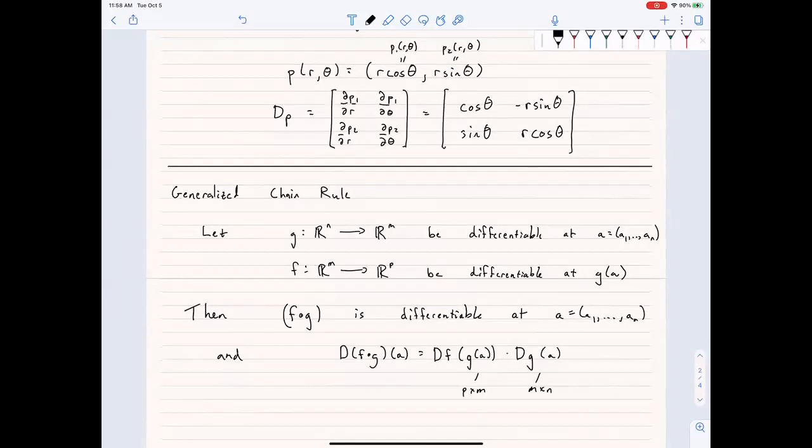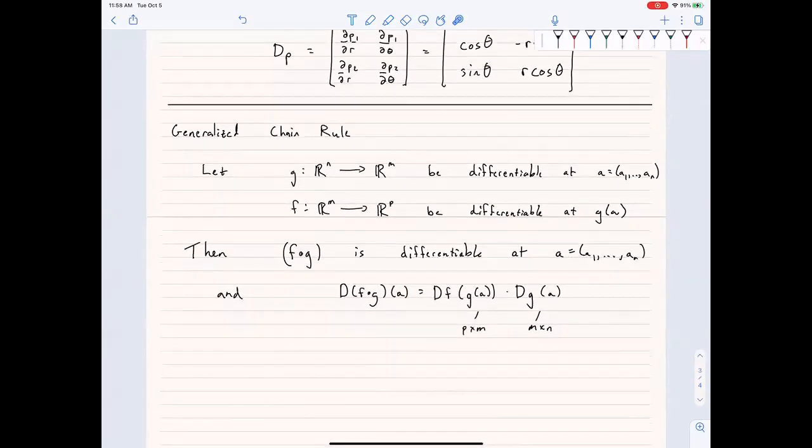This is the chain rule. This is a miraculous formula, a very, very impressive formula, I think. And if you look at it, it's not just one equation, right? It's P times N equations, one for each of the partials of this composition. They all fit together coherently into this matrix multiplication. Okay, this is the grown-up version of the chain rule, I want to say.